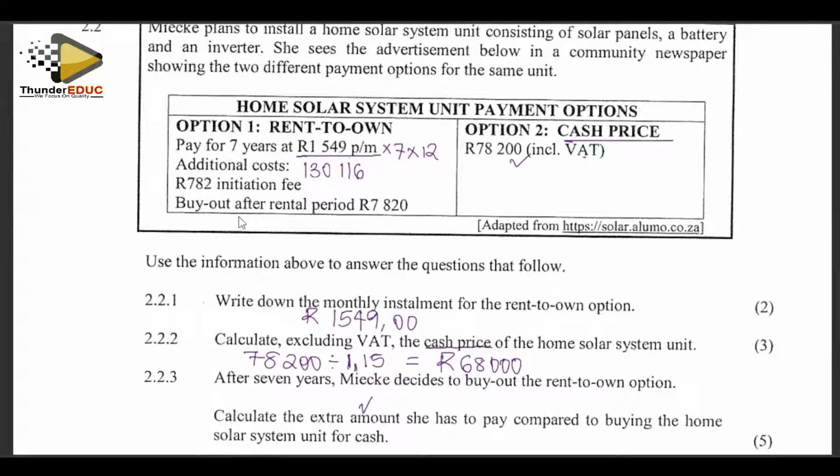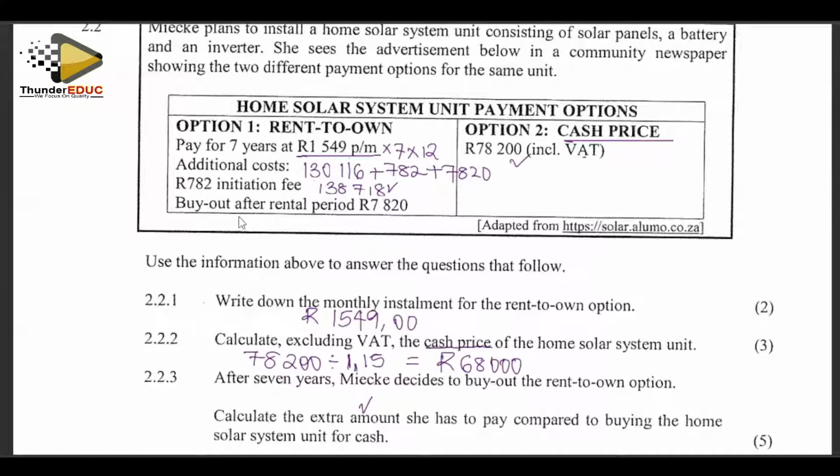This is only the installments, then plus the initiation fee, then plus the buyout. When you add everything there, you end up having 138,710. This is when you buy out the rent.